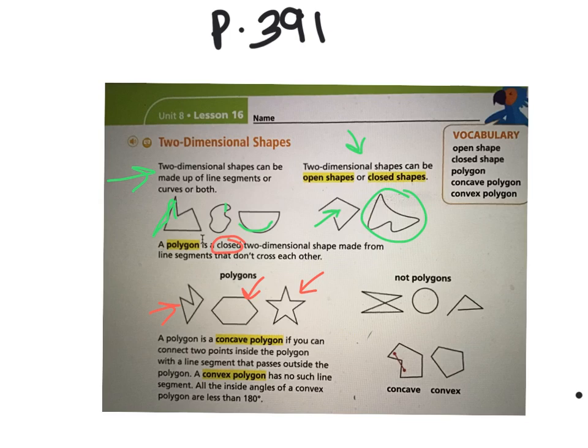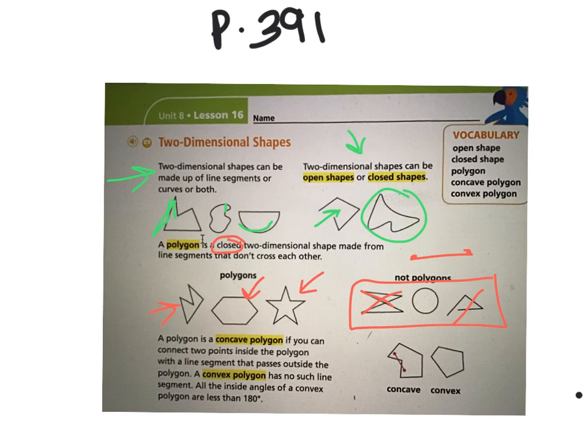So look at these. These are not polygons because this one right here is not closed, and the definition of a polygon means it's closed. The first one here, two lines cross. Even though it's closed, the two lines are crossing. And the circle is not a polygon because it is not a line segment. Remember, a line segment is where a line has 2 points.